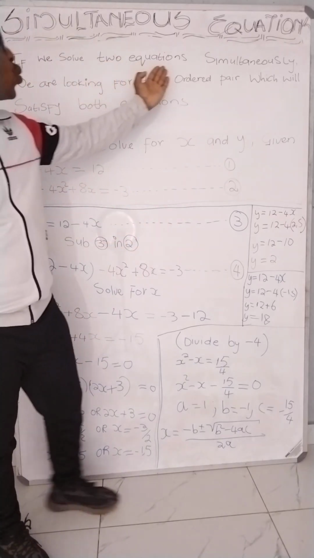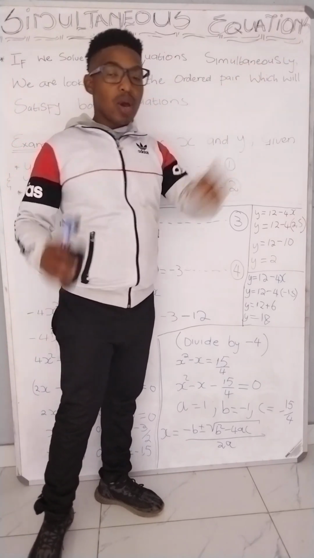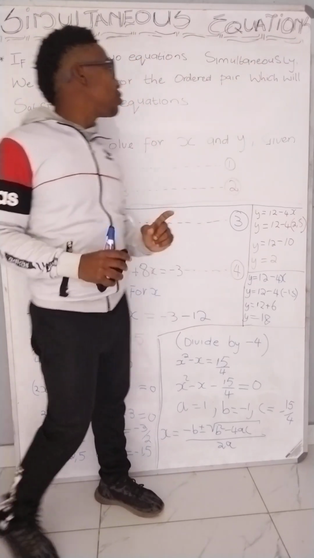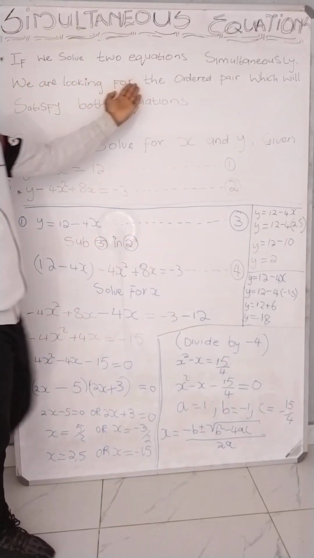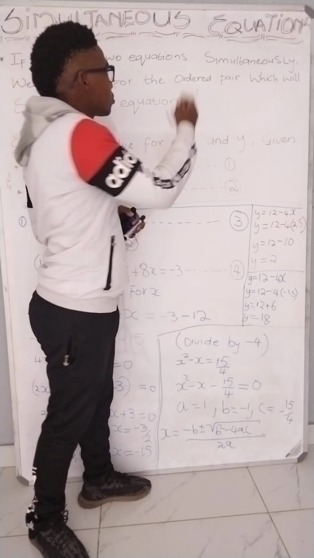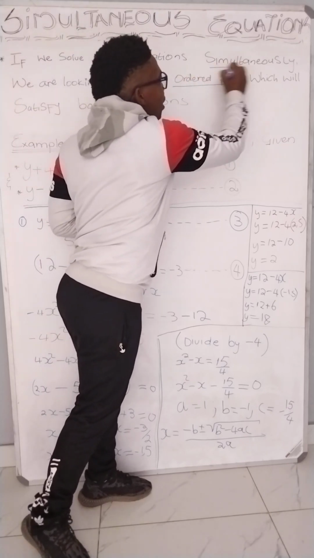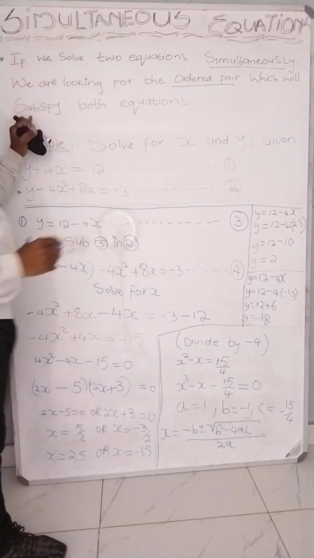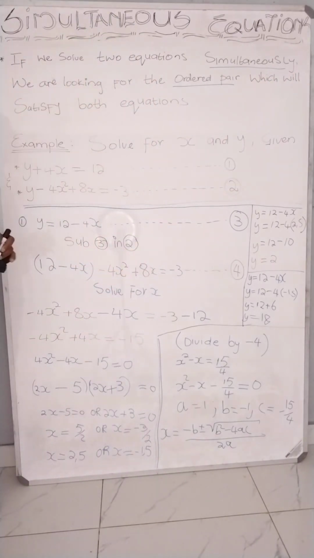If we solve 2 equations simultaneously, meaning at the same time, we are looking for the ordered pair which satisfies both equations at the same time.